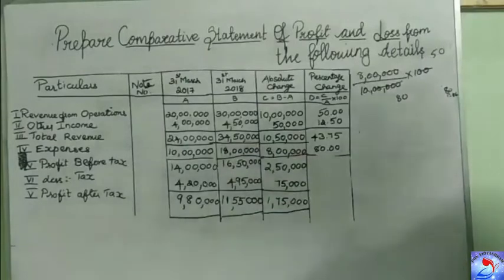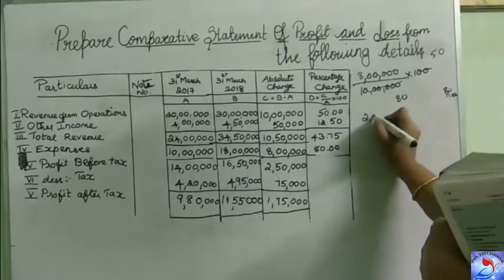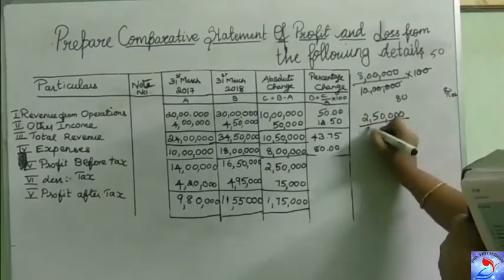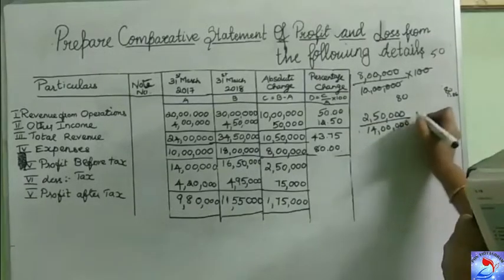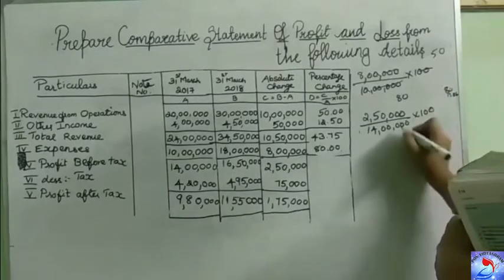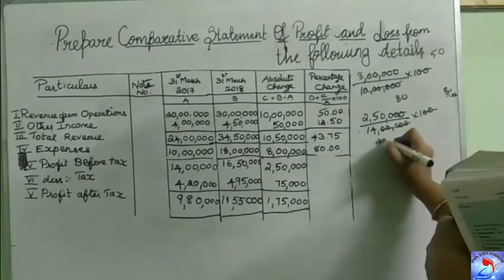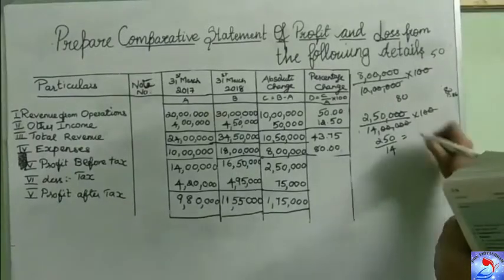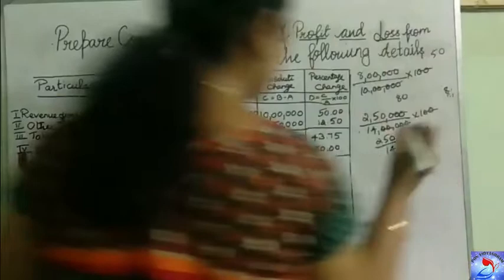Then for profit before tax, 2,50,000 divided by 14 lakh into 100. If you calculate 2,50,000 divided by 14, you will get 17.86 as your answer.